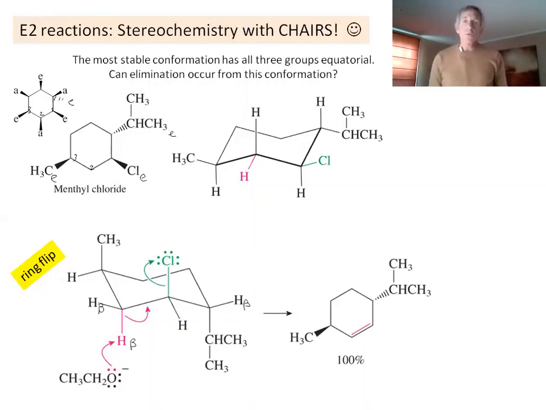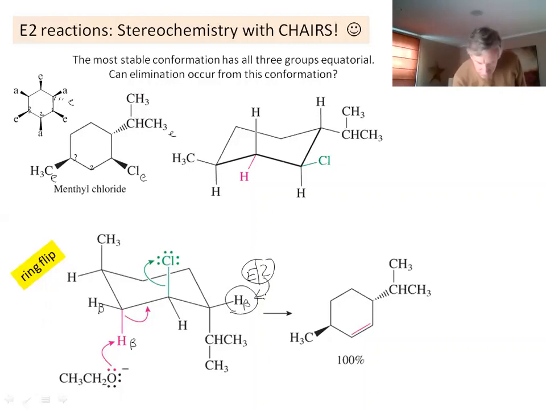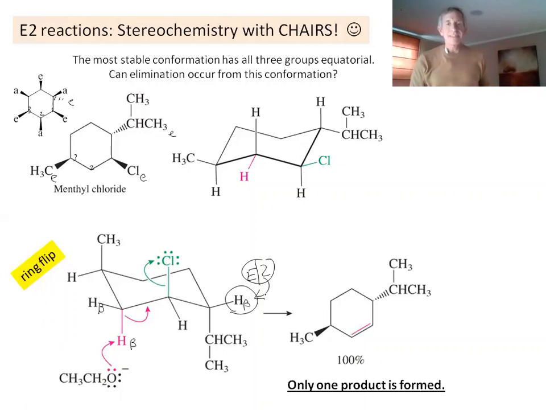without any other possible alkenes, because notice this beta proton, this cannot do E2 because it is equatorial to the chloride's axial. They do not have coplanar orientation to each other. Only one product is formed.